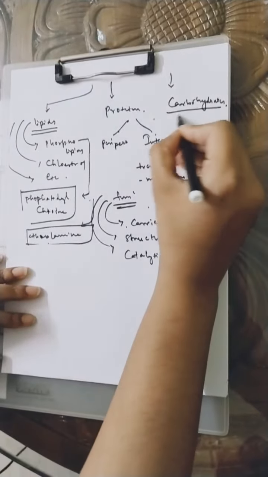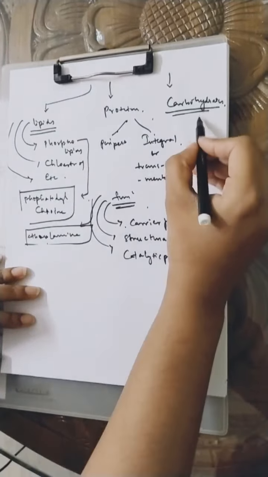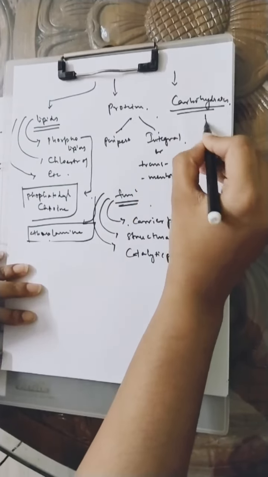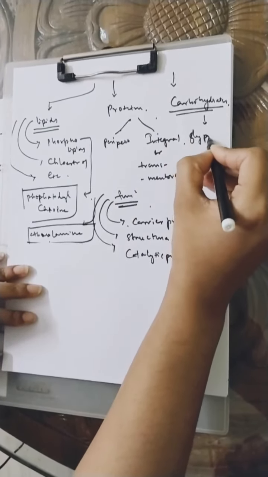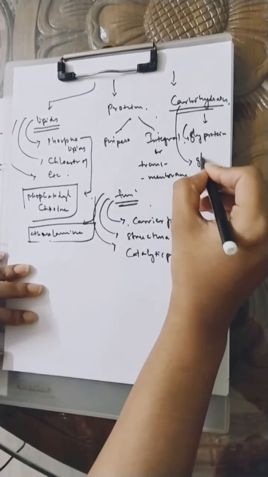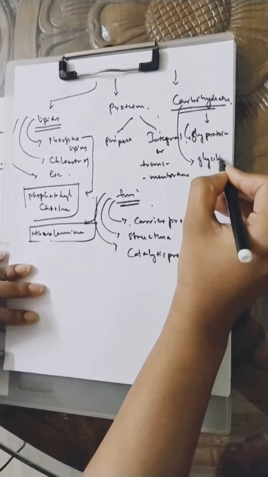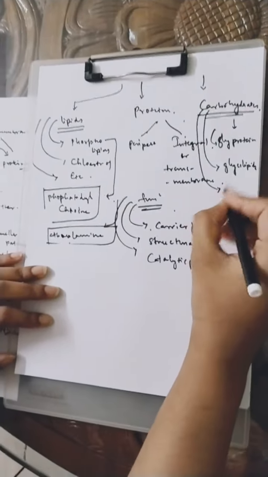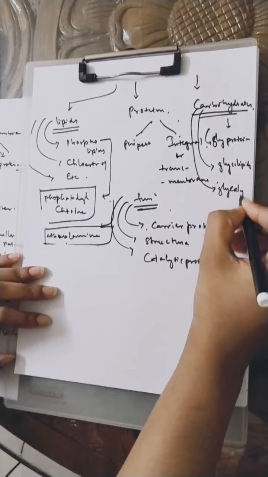What are the divisions of the carbohydrates? Carbohydrates are also constituents of the structure of the cell membrane. They consist of glycoproteins and glycolipids. They also consist of a layer of glycocalyx.